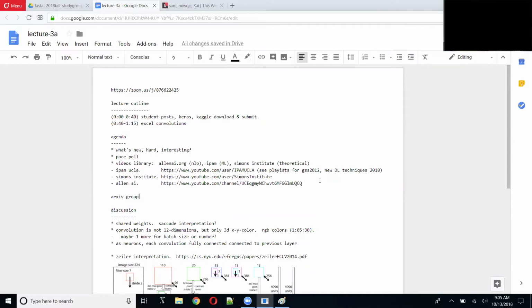There's a CS, a math, a physics, different sections of arXiv, and within each section you might have subsections or groups or whatever they're called. So you can send them an email and subscribe to a particular section, and each day or each week you get a mail from that section.